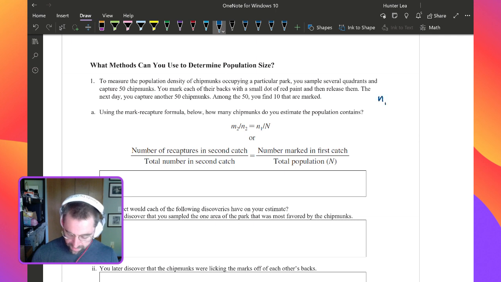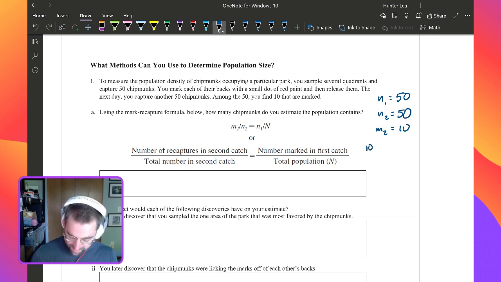So N1, we initially captured 50 chipmunks, equals 50, and we marked each of their backs with a red dot. The next day we captured another 50 chipmunks. So that is N2, our sample size, sample set 2, is another 50 chipmunks. And among the 50 we find that 10 are marked. So M2 equals 10.